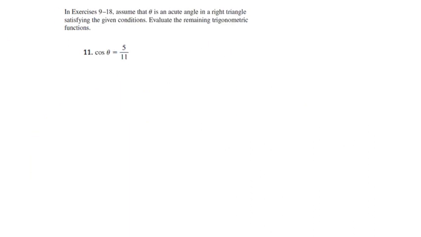Next on our problem, which is 11, we have cosine theta equals 5/11. So again, I'm going to say 5 is going to be our adjacent side, and 11 is going to be our hypotenuse, and then set about making what we hope is a reasonable drawing of that.